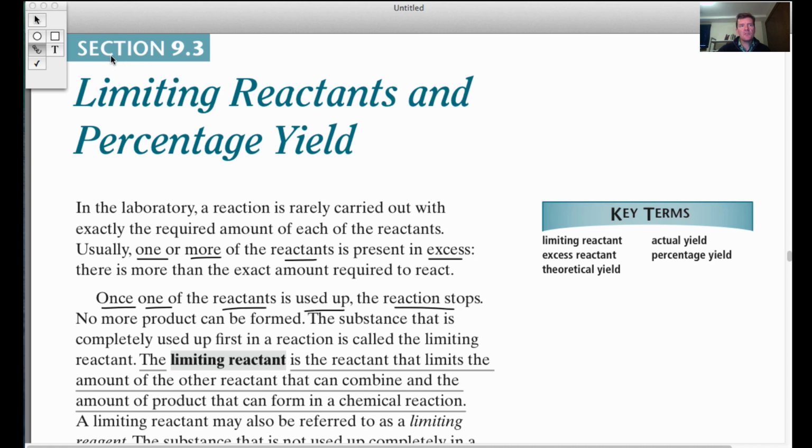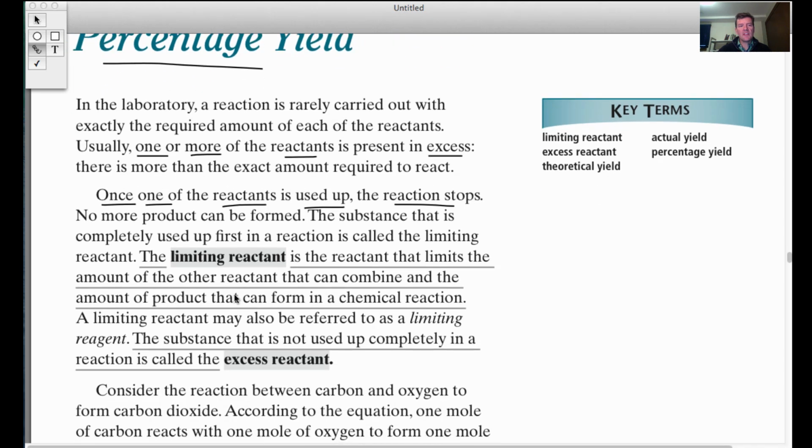So in your notes, you should be writing down section 9.3, limiting reactants and percentage yield. That's what we're going to be looking at. And you should write this down, that basically a limiting reactant is the reactant that's going to stop or limit the amount of the other reactant that can combine and the amount of product that can be formed. Once one of the reactants runs out, once it's used up, the whole thing stops.